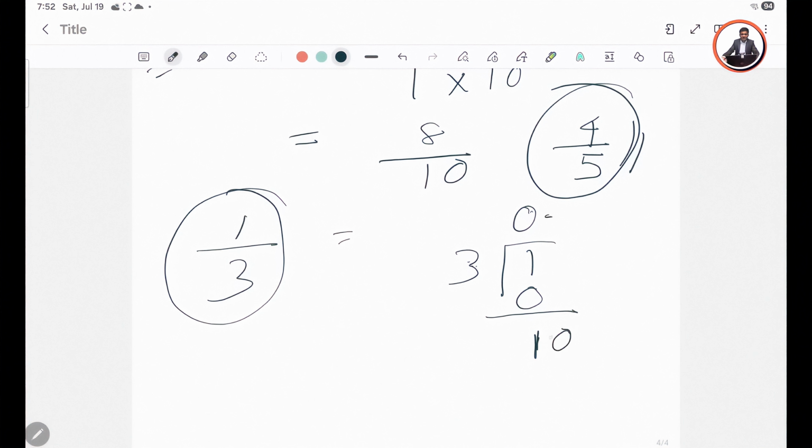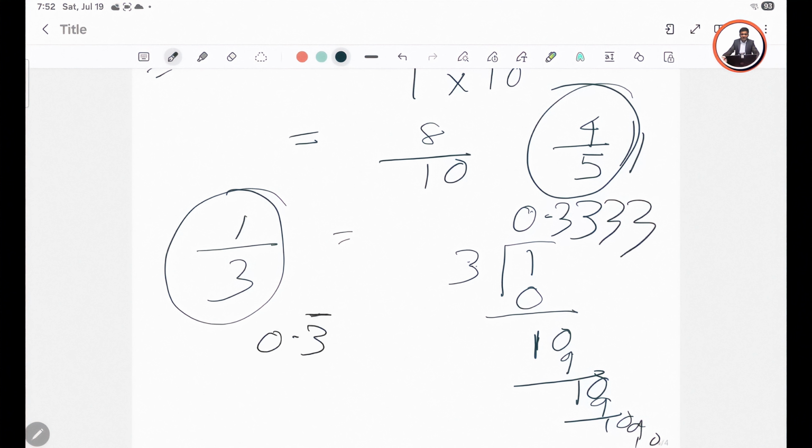And then how many 3's go inside 10 is 3, and 9. 1, 0, 3, 9, 1, 0, 3, 9, and 1, 0. It continues like this. So 0.3 is a pattern, and this 3 is repeating over and over again.